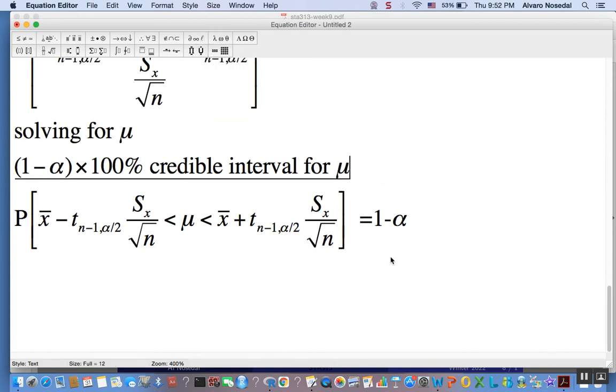Okay, there we are. Okay, so now let's find the 95% credible interval that we want in this case. 95% credible interval for mu.